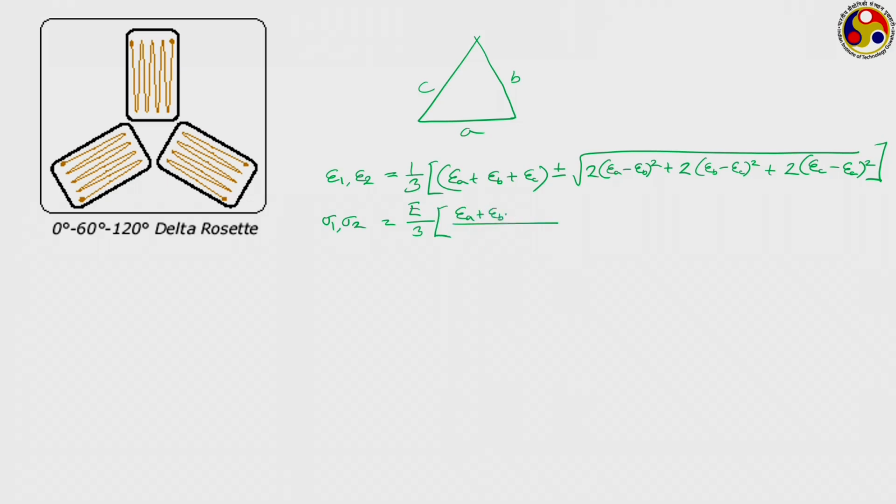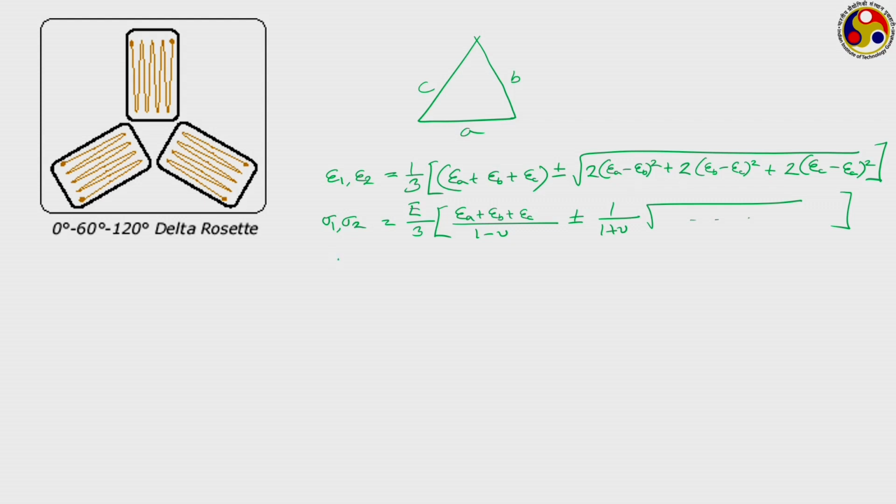If we compare with the previous case, whatever we had before the square bracket was divided by 1 minus nu, here also it is divided by 1 minus nu, plus minus 1 by 1 plus nu, and this entire square rooted term is the same as in the previous line.